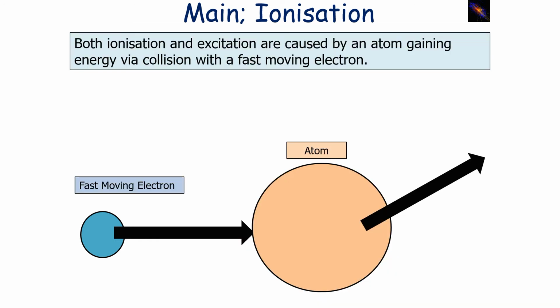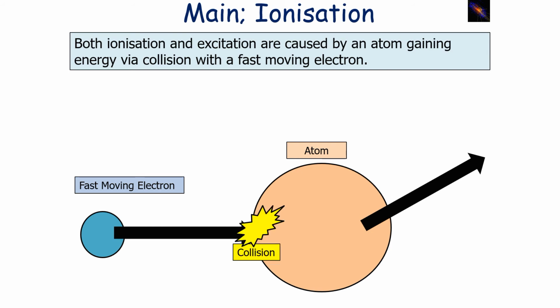So let's just clarify. Both ionization and excitation are caused by an atom gaining energy via a collision with a fast-moving electron. We've previously considered the absorption of photons, but in this part of the lesson, we're just going to consider ionization and excitation occurring due to a collision with a fast-moving electron.